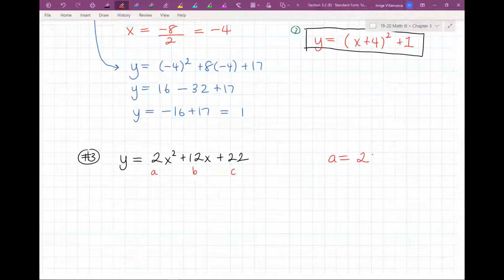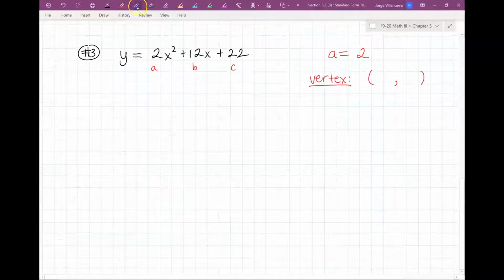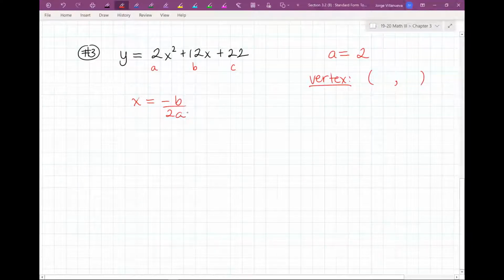Okay? Step 2 is to find your vertex. This is the one that takes a little while. Your vertex should be a point, so I'm setting it up as a point right now. So let's start trying to find the vertex. The way we find the vertex is that we have to use the axis of symmetry first. So x is equal to negative b over 2a.